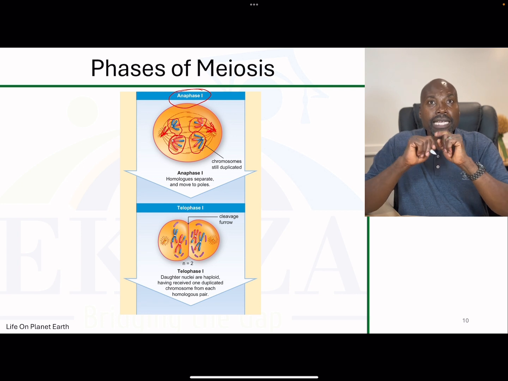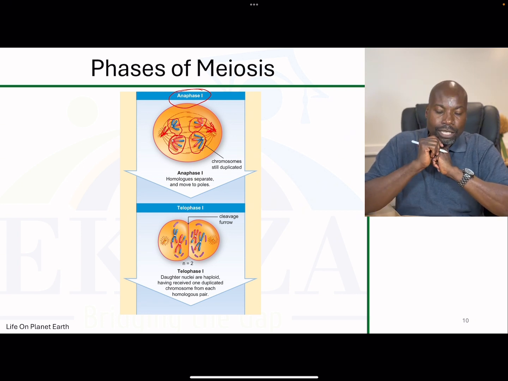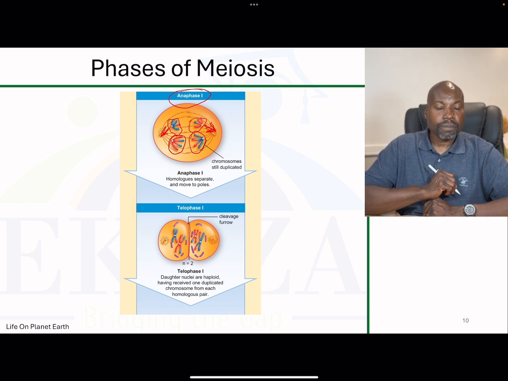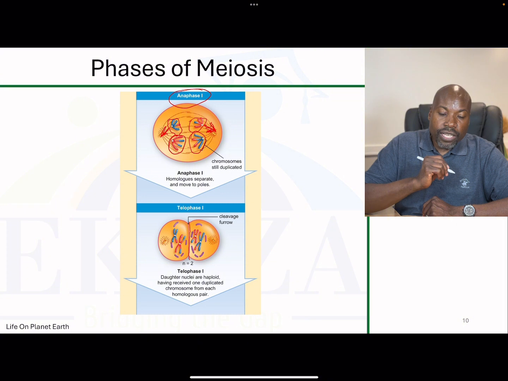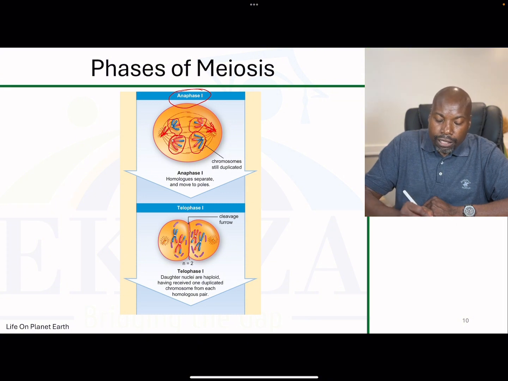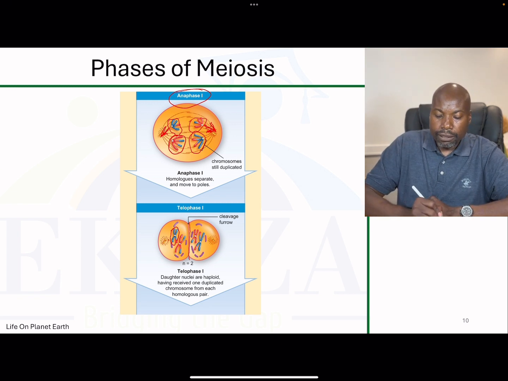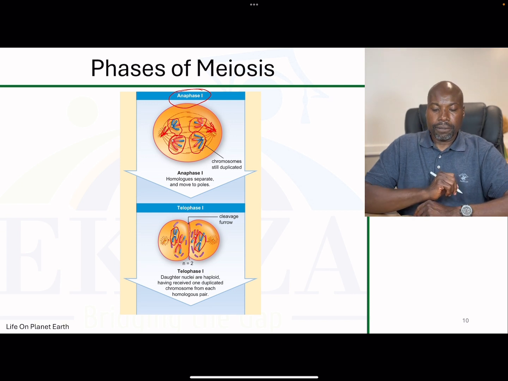Eventually, in telophase 1 / cytokinesis, what are we going to see? We're going to see a cleavage furrow developing, okay? Now, you see that one set of the chromosomes in a homologous pair is going to end up in one cell, and one set in another cell, okay?